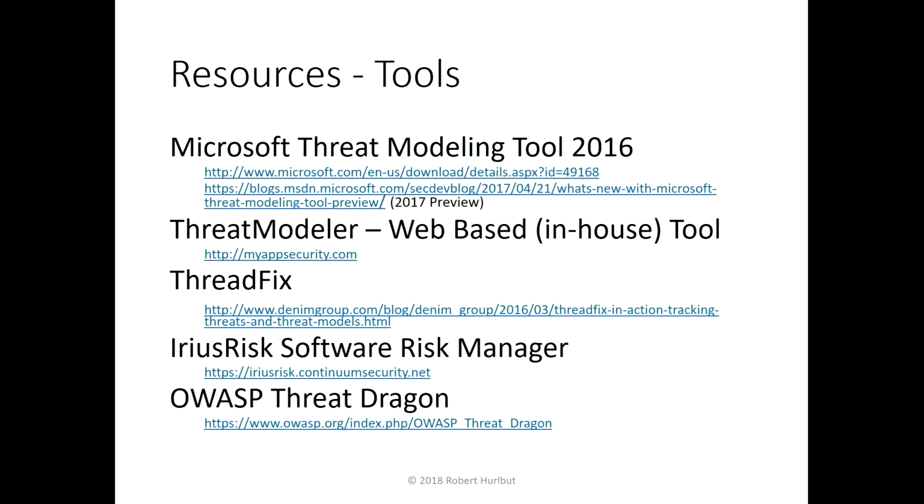There's another tool that I've used, just came out last year, a pretty cool tool called Threat Dragon. It's a web-based tool, and it's from OWASP. I know the guys who are working on that. And it's very similar to the Microsoft Threat Modeling Tool. The difference is that the Microsoft tool is, guess what, Microsoft. It only runs on Windows. Whereas the OWASP Threat Dragon, it's a new project.